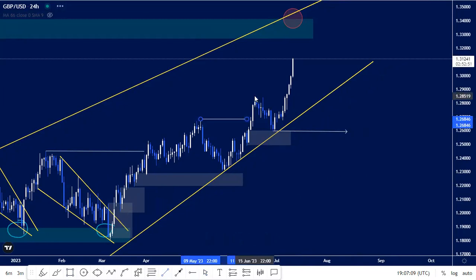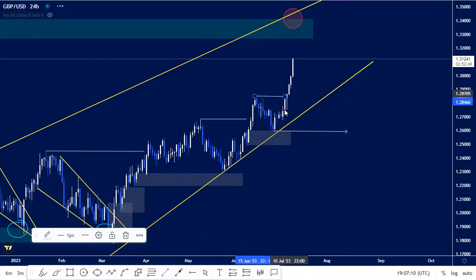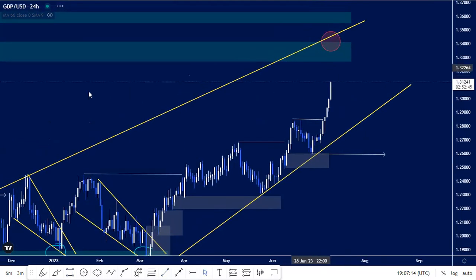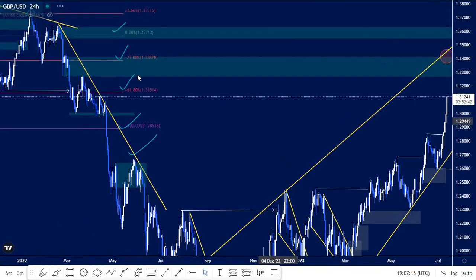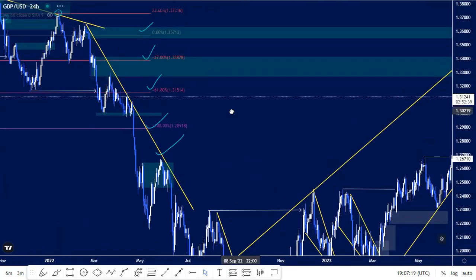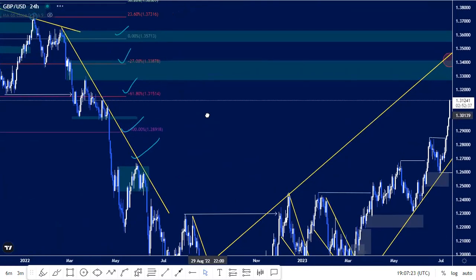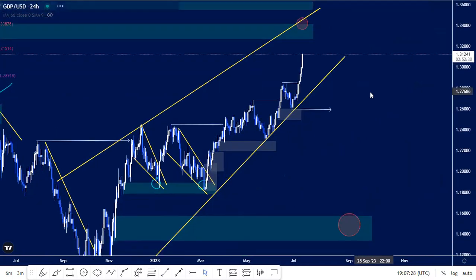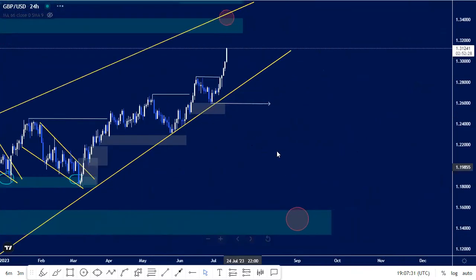I was targeting it to come and break this internal level, right? Of which it broke. So now the next target is this one, which is a supply that I drew from the past. That is why it's so key to draw these major levels to the left. They are so key because you use them in the future. So I have two levels, this one and that one, that I'm now looking forward to this market pushing onto before any reversals to the downside.